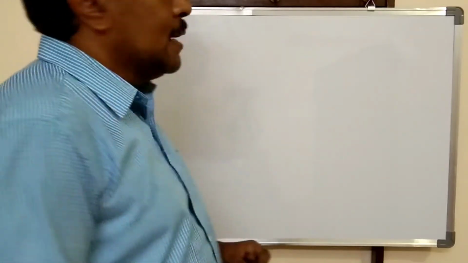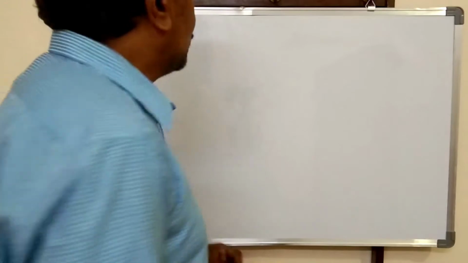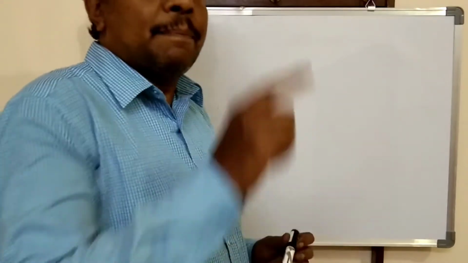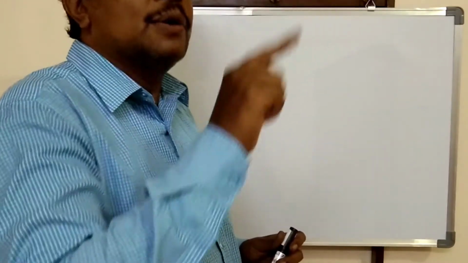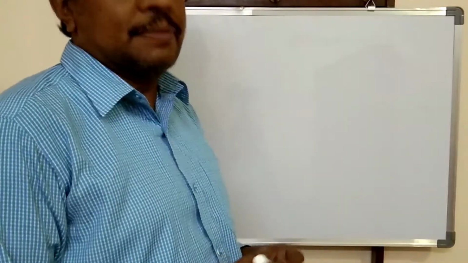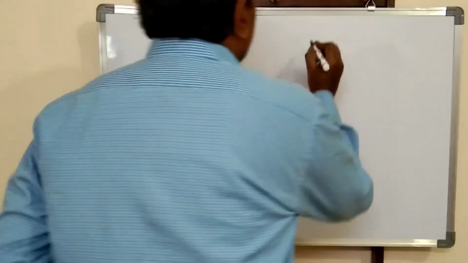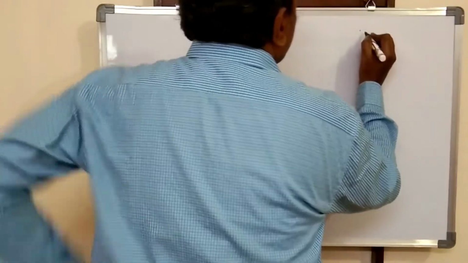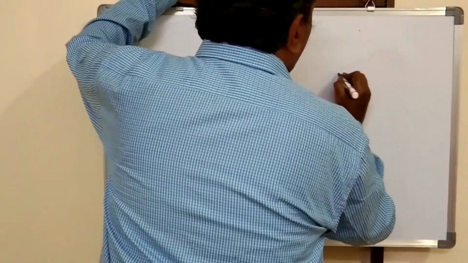Today our point is about finding the perpendicular distance from a point to a given line whose equation is given. So this is a point, and this is a line.